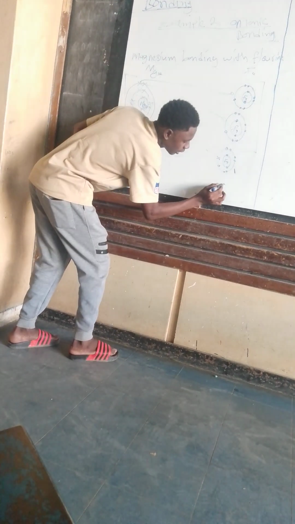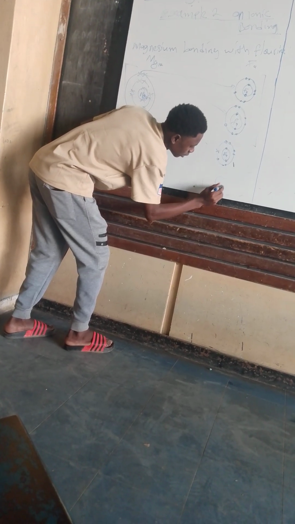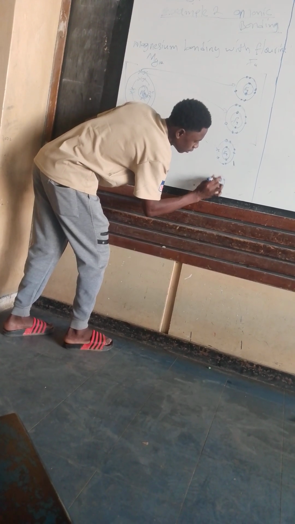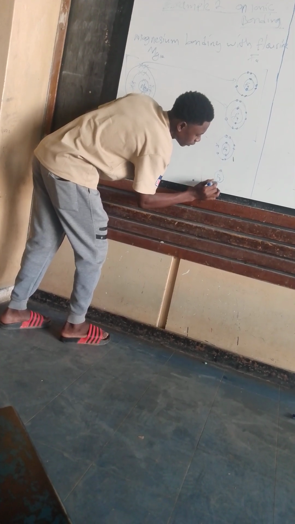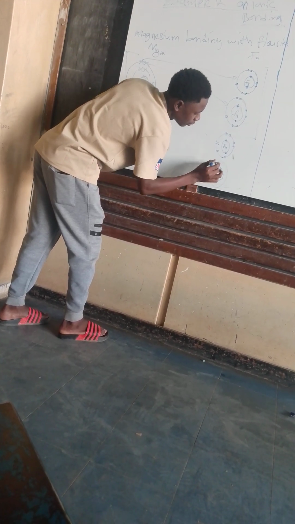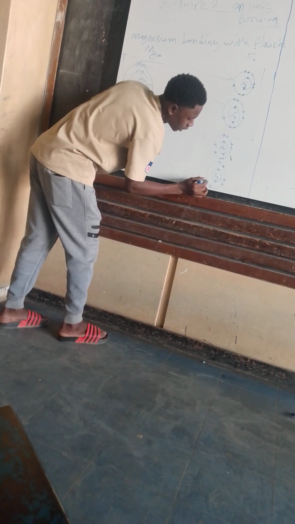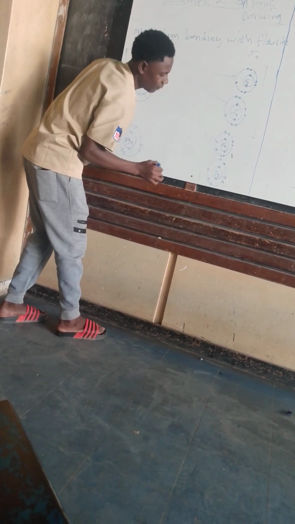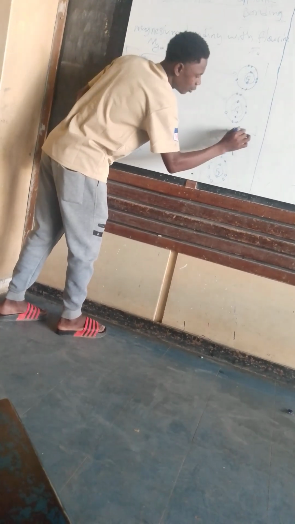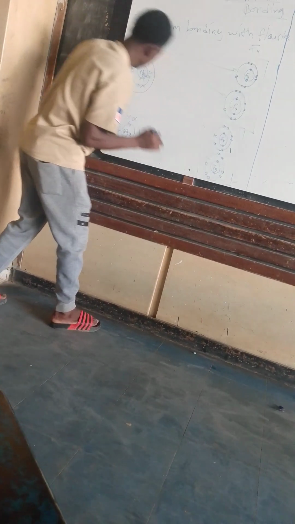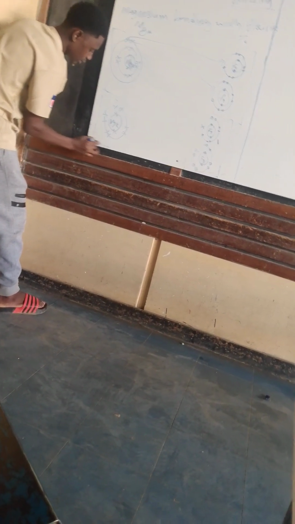And another fluorine atom, which will appear like this. We have 2 in the first shell. Then we have 2, 4, 6, 7, and 8 like that. Then we will show this like this, and this one like this.